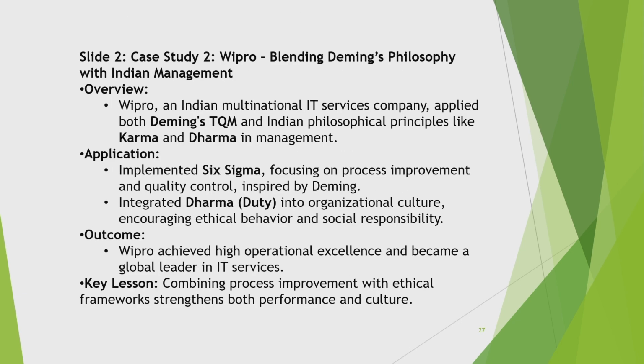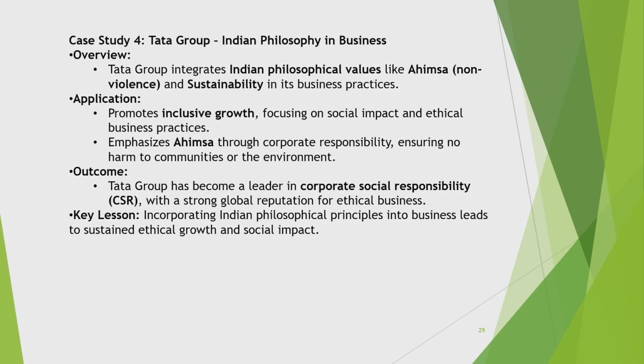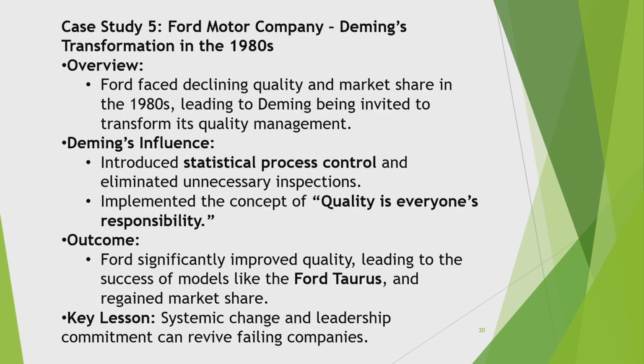Then there are many examples, even Wipro also did that. They said they implemented the principles of karma and dharma, Six Sigma etc., which we will discuss. Motorola, Tata Group, whenever they got success, naturally they incorporated the philosophy of this thing.